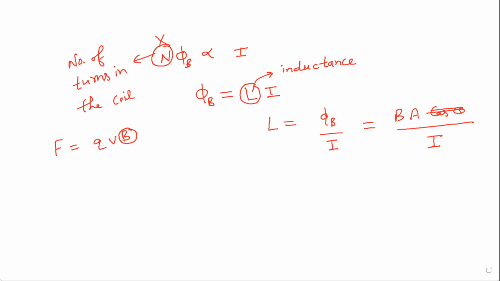So from here you can find the dimensions of the magnetic field. The dimensions for force are M1 L1 T minus 2. This charge will go in the denominator on the left hand side. I know I is Q over T, so Q will be I into T.